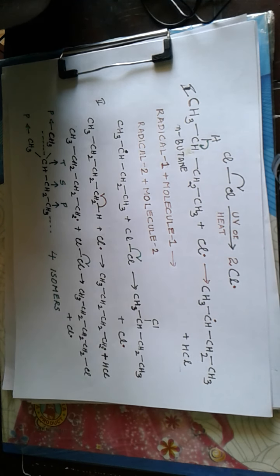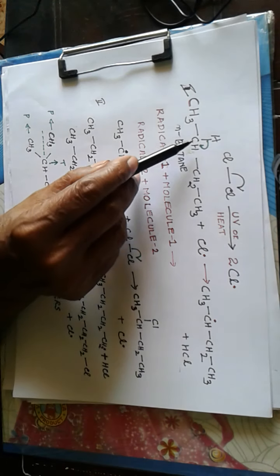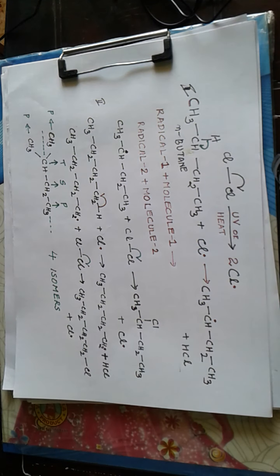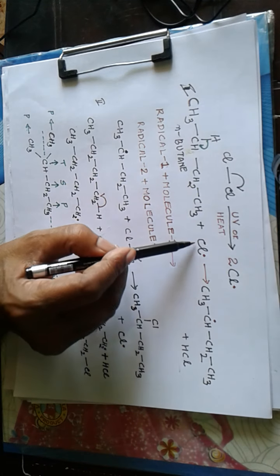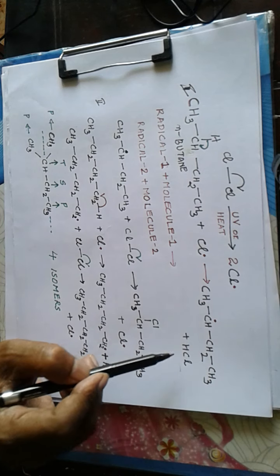Now during bond formation, energy is released, so that the potential energy of hydrogen free radical and chlorine free radical is removed as the bond formation energy. So the potential energy of the system is lowered because bond formation is exothermic in nature. Then we get a carbon with an unpaired electron. So a radical plus a molecule giving another radical and another molecule.